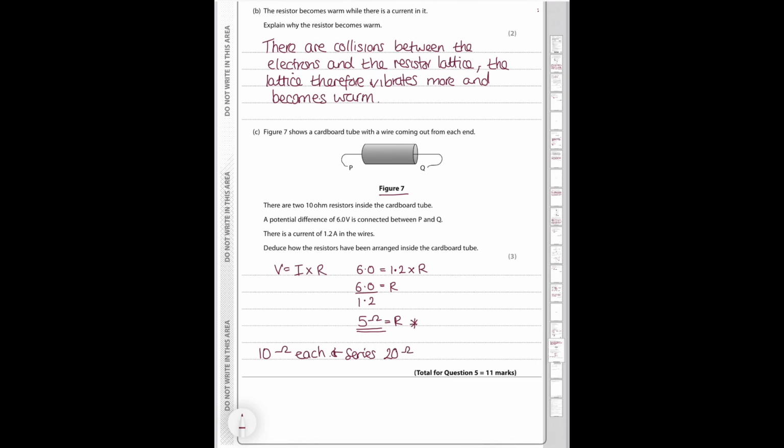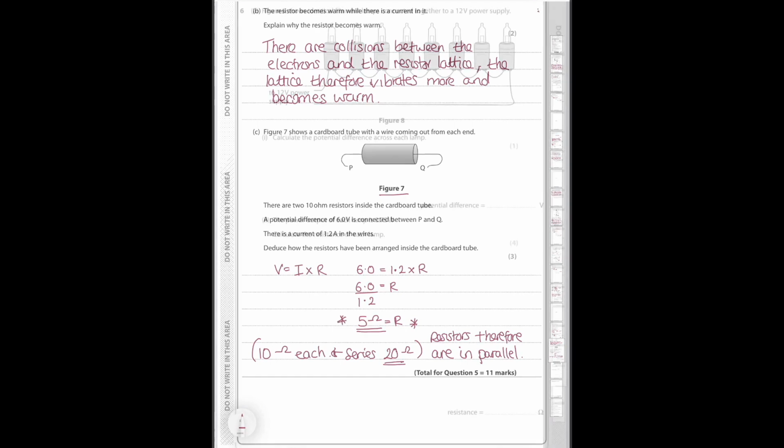So that means the resistors are in parallel. Okay, and the key thing here is that we have our resistance in series, which should be 20, but when we actually calculate it out, it's only 5 ohms.